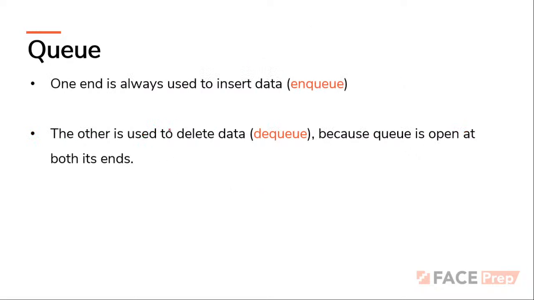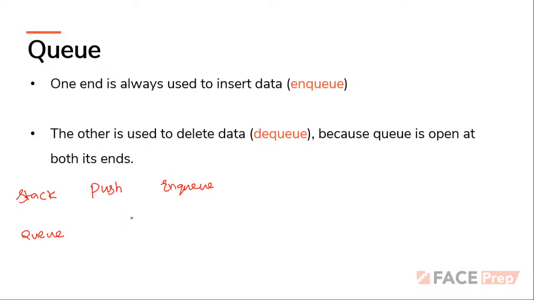One end is always used for insertion, that is called Enqueue. In stack we use the term push function for insertion. I'll differentiate stack and queue so that you can easily understand. In stack we used the term push, but in queue we'll be using the term Enqueue. Instead of insertion or push function, we call it Enqueue.